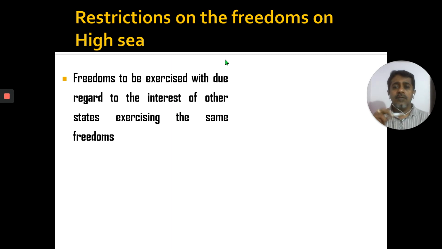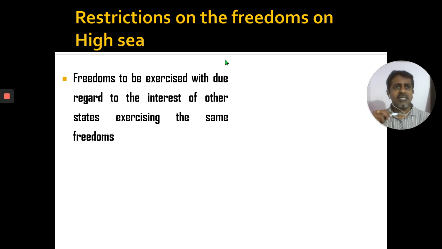First one, freedom to be exercised with due regard to the interest of other states exercising the same freedom. Just as it happens with us, whenever we are living in a society, we have freedom. At the same time, our freedoms and liberties are subject to the liberties of other persons who are living along with us in the society. Same is the case with high sea.